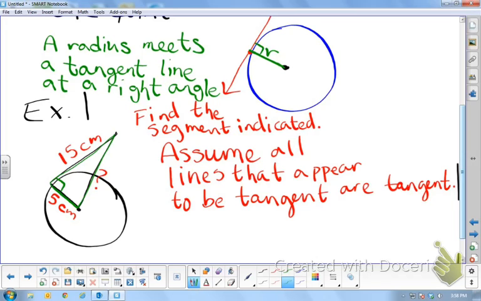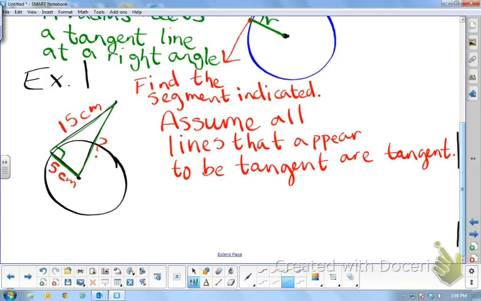We like right triangles because we can do lots of things. We can do trig with our right triangles. We know the angles inside add to 180, but we also know the Pythagorean theorem on right triangles. So all of our tangent problems are actually really Pythagorean theorem problems. It's just recognizing the fact that, hey, this is actually a right triangle.